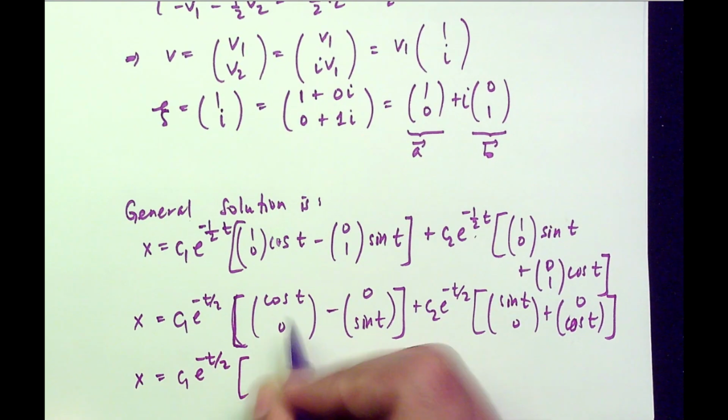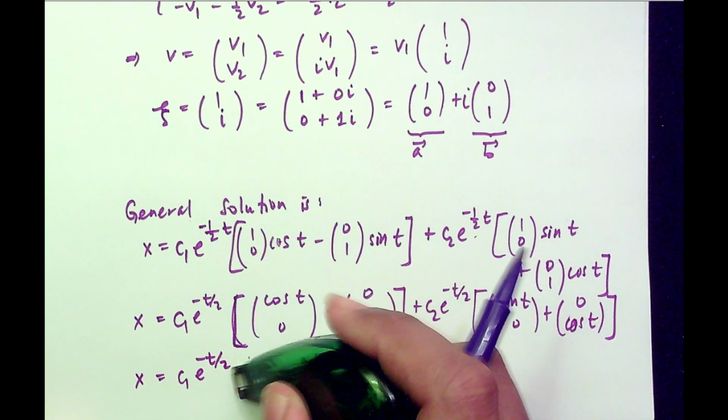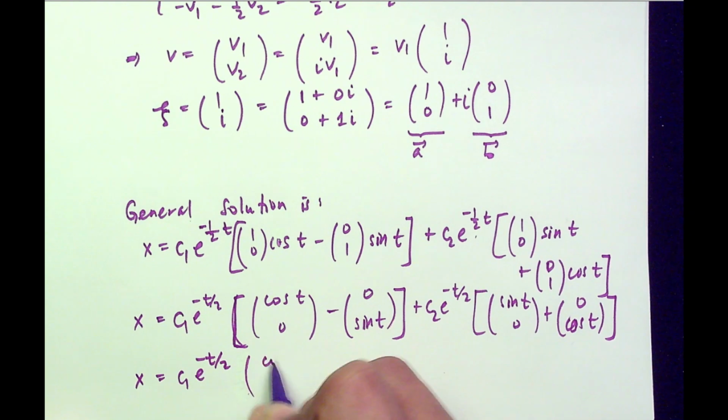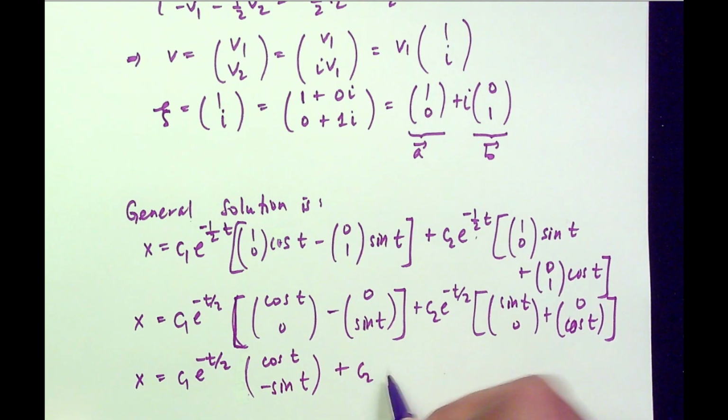And then you can combine these into a single vector. So it'll be (cosine, negative sine). And then this is C2 e to the negative t over 2.